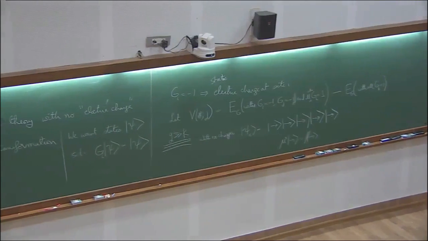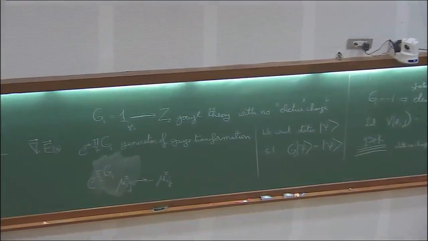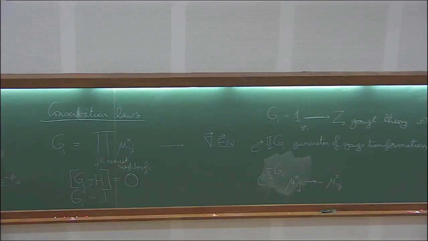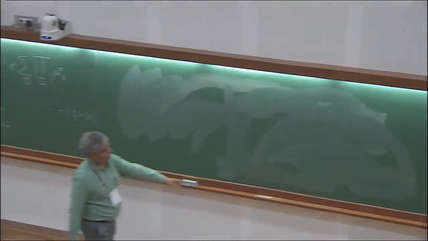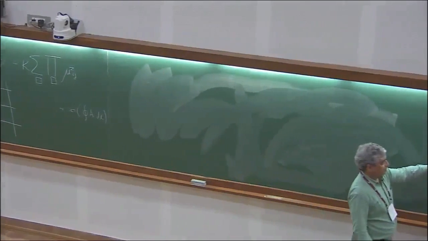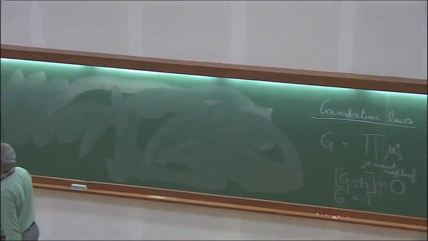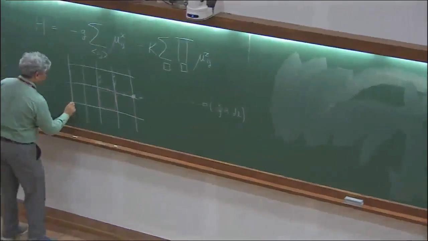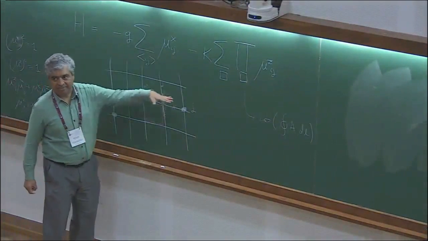Let me come back right here. So remember that I have to have G equal to 1 everywhere except on 2 points, okay? So the ground state has, let me put the points here. There's a point here, this is the site J, and say this is the site I over here. And right now I put mu x equals 1 everywhere.